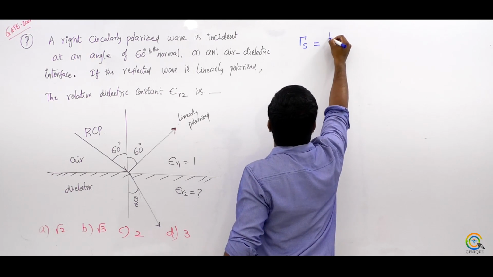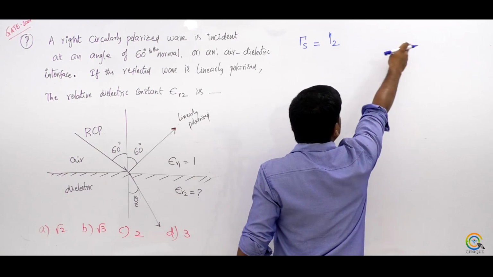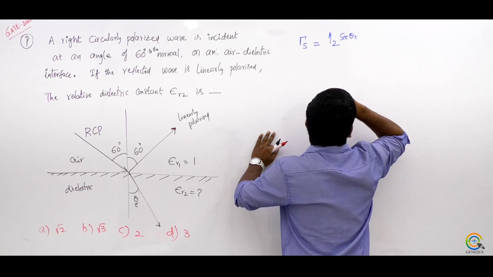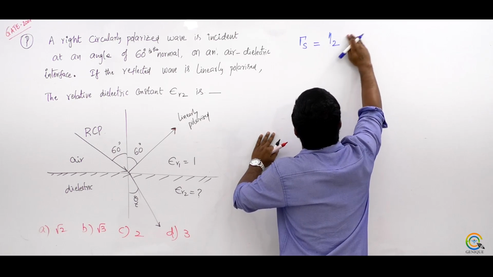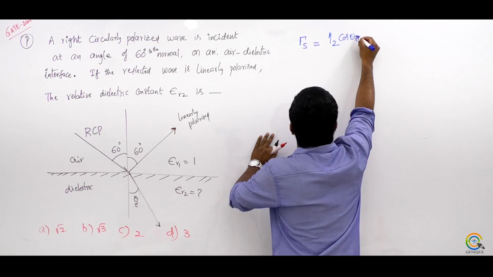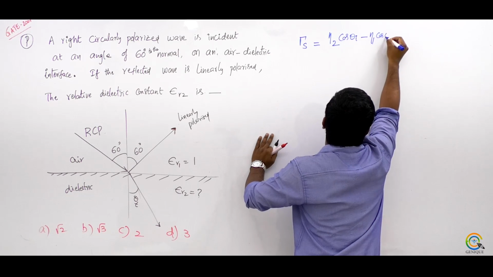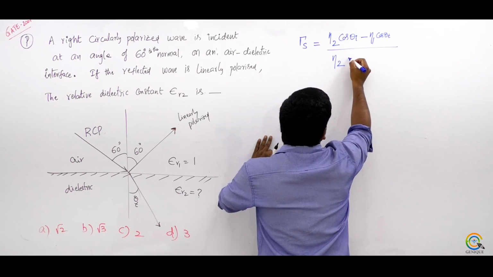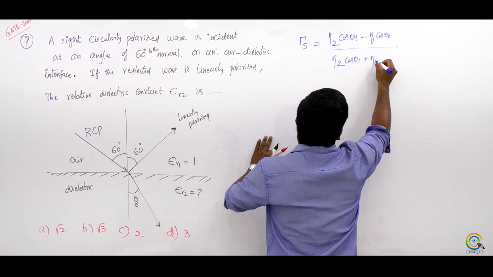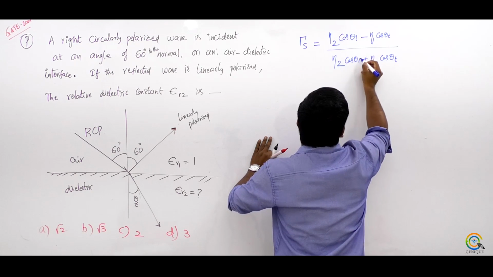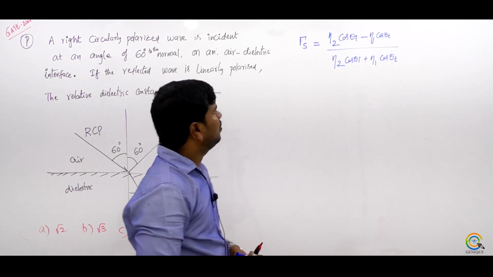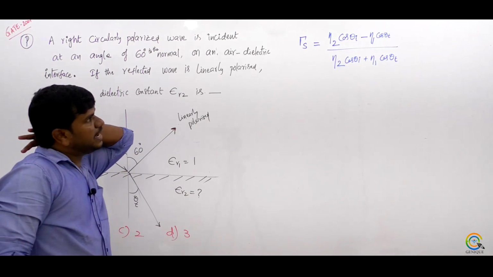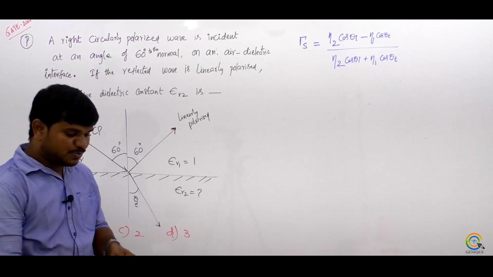The reflection coefficient will be eta 2 cos theta I minus eta 1 cos theta t divided by eta 2 cos theta I plus eta 1 cos theta t, where theta I and theta t are the incident and transmitted angles. This is the reflection coefficient for the S polarized wave.